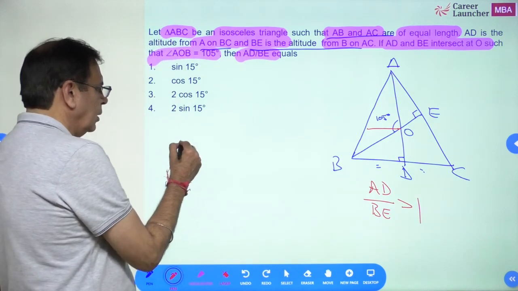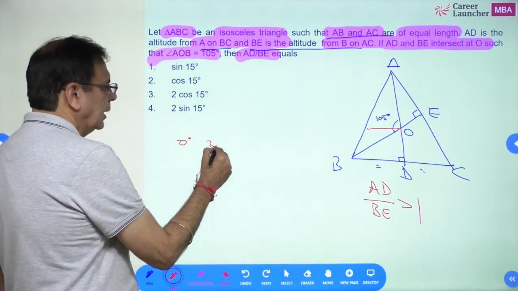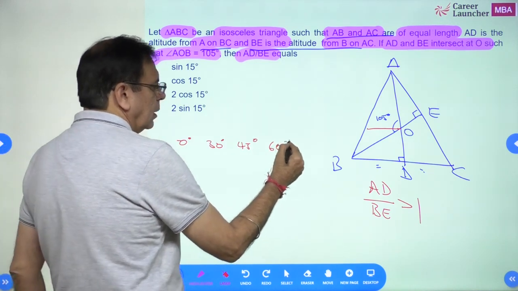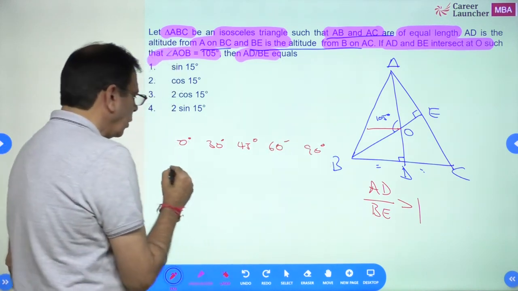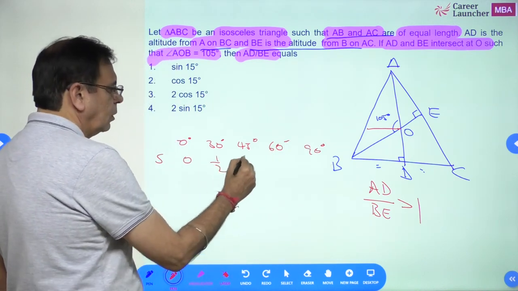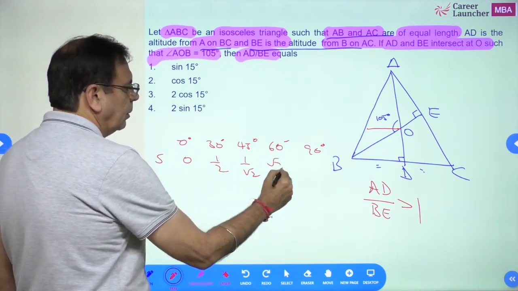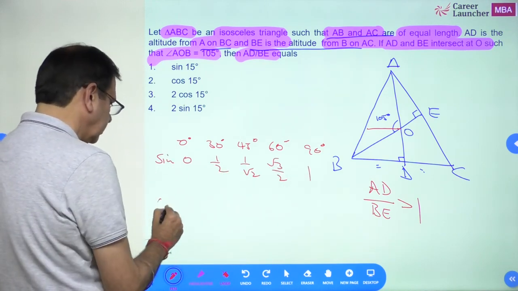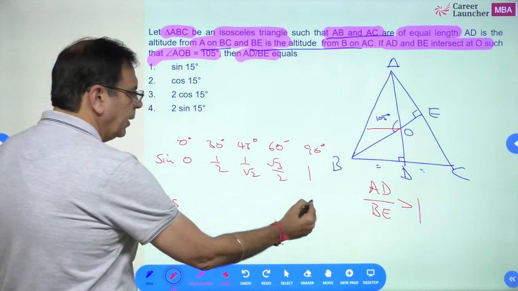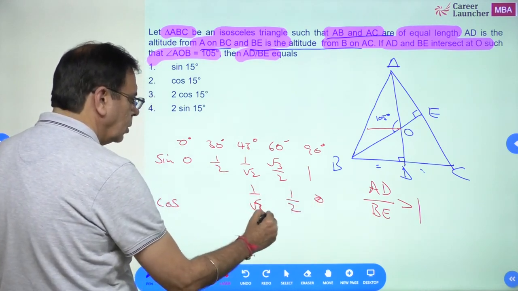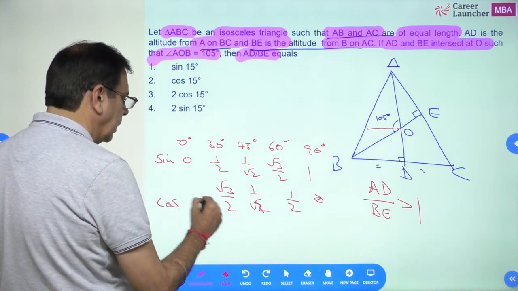Now let's look at this. 0 degrees, 30 degrees, 45, 60 and 90. For sine theta, what is it? 0, half, 1 by root 2, root 3 by 2 and 1. And for cos theta, उल्टा होता है ना इसका, which means 1, root 3 by 2, 1 by root 2, half and 0.